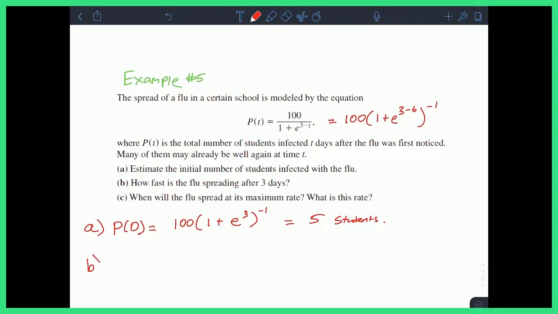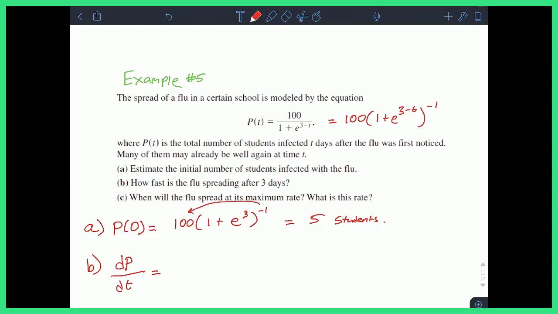B. How fast is the flu spreading after 3 days? Well, in order to calculate rate of change, we know we need derivatives. So really your job is to plug a 3 into the derivative of the function. So let's calculate the derivative. The function is P of t, so dP over dt, the derivative of the function P with respect to time, is equal to 100 times the -1.